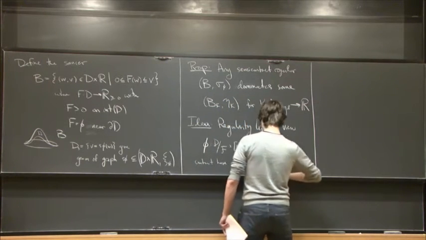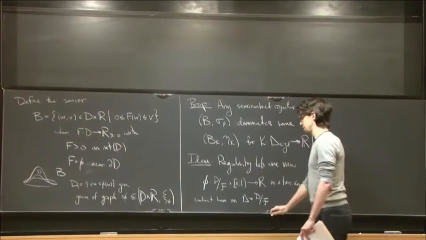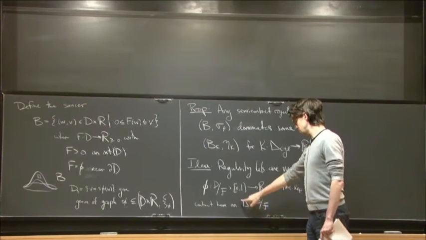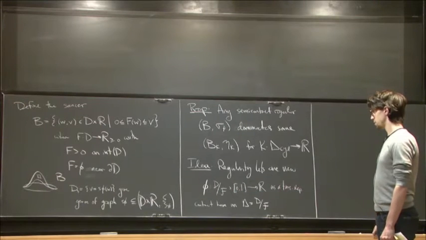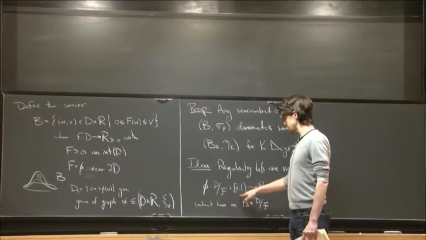Once you have a contact Hamiltonian on a star-shaped domain cross interval, then you're pretty close to considering a Hamiltonian on a star-shaped domain cross S1.